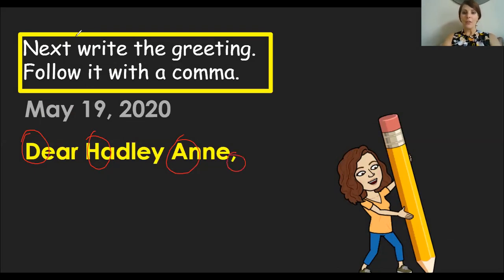I follow that with a comma. Now I had already selected Hadley Ann as the person I would write to because she is a second grader who lives elsewhere, and I wanted to see what she was doing in math and tell her that we have started geometry. So make sure for your greeting you use capital D for dear, and then you capitalize the person's name you're writing to, and don't forget that comma.